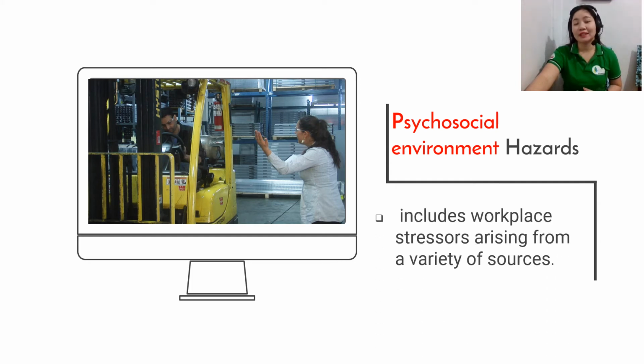It includes workplace stressors arising from a variety of sources. These are the stress that a farmer or a worker experiences during farm operation. That is an example of psychosocial environment hazards.